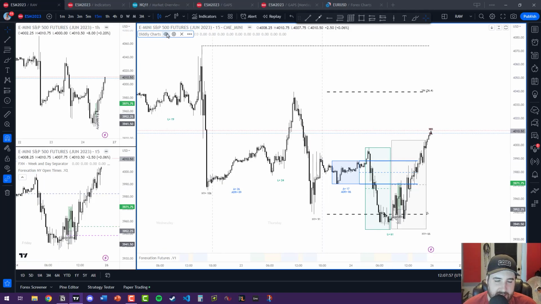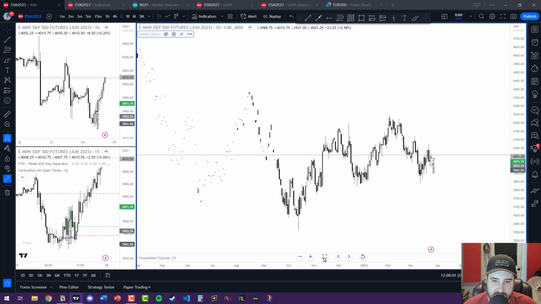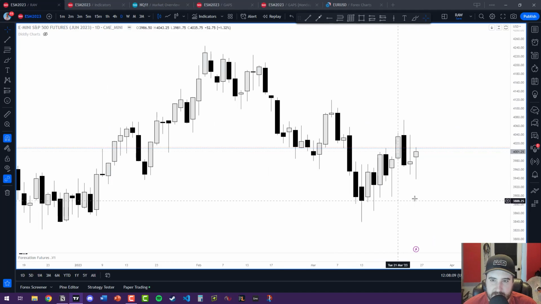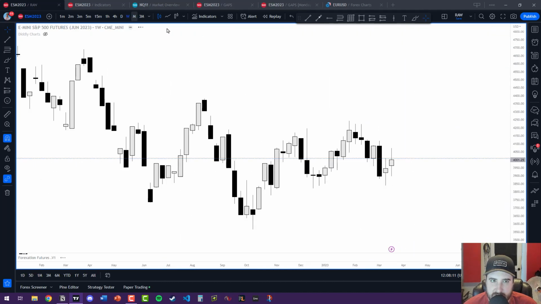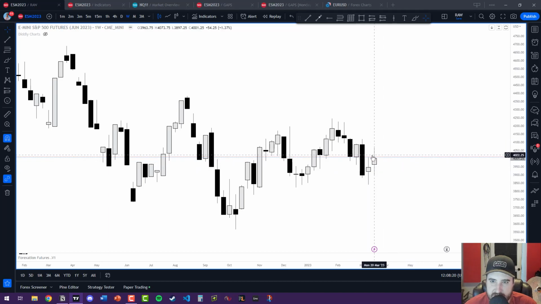Forget all about that. Let's break down the E-mini S&P 500. Remove all drawings. Let's do the weekly so I can summarize the week. It looks like we went down, up, and kind of closed up in a similar range.